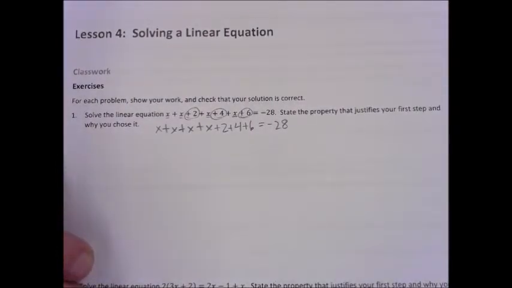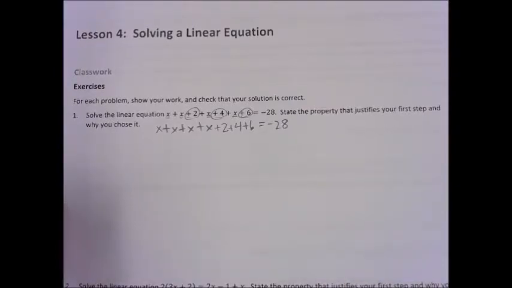This kind of looks like one of the examples that we had in lesson 1 of module 4, if you want to jump back and take a look at it. But what we're actually going to be doing is using properties in order to make this look just a little bit nicer.